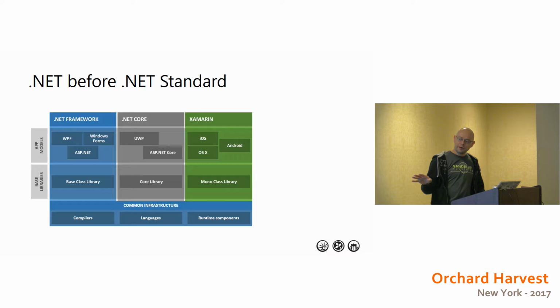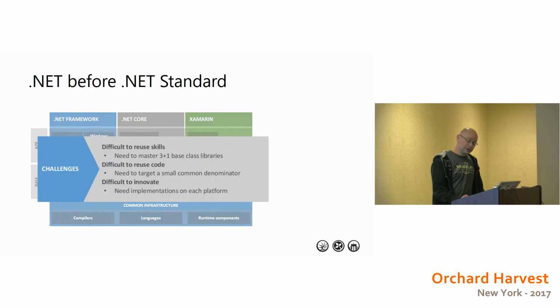The class libraries are different. So that means that they are implemented 3 times, that you need expertise in all 3. We are losing opportunities to reuse code all over the place, and it makes it all the more difficult for us to innovate and carry all that forward at the same time.